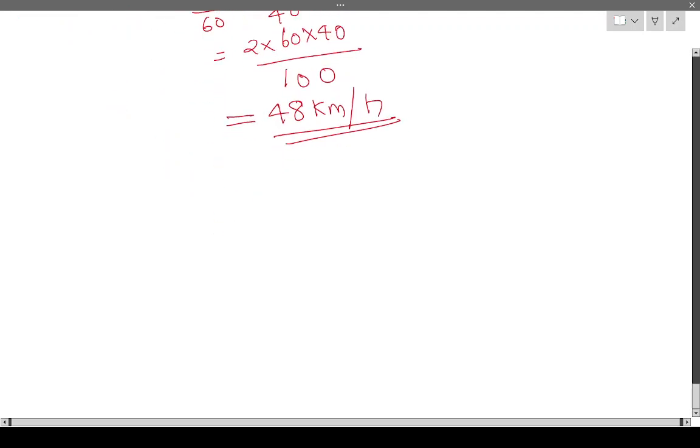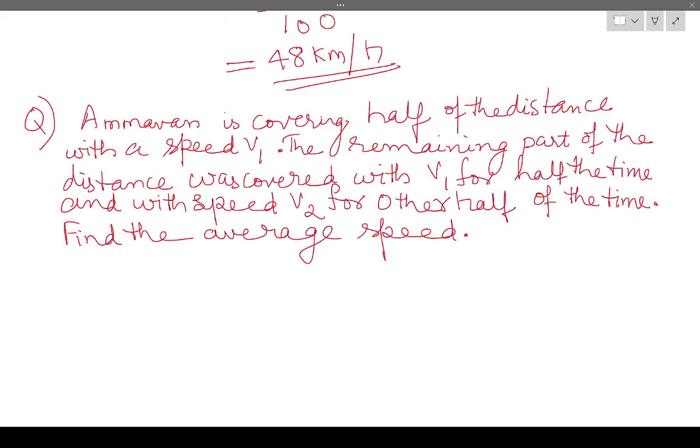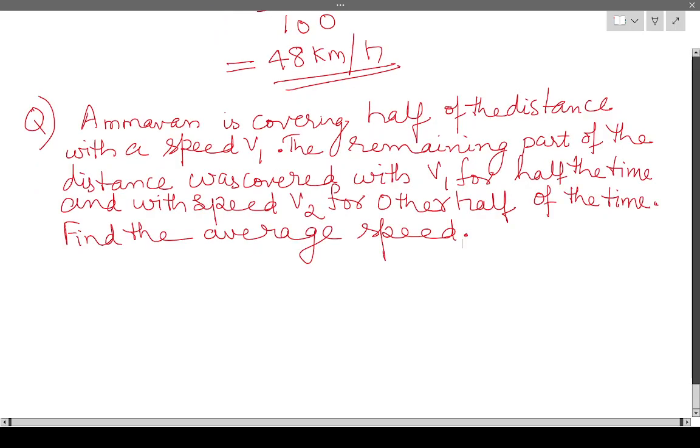Okay, I will write down the question. Let us take this as A to B. The question is: Amman is covering half of the distance with a speed v1.